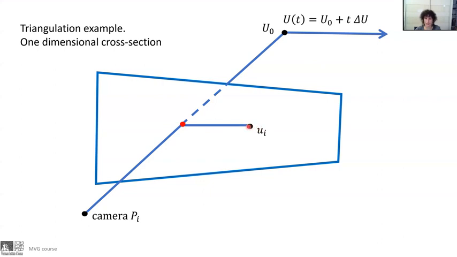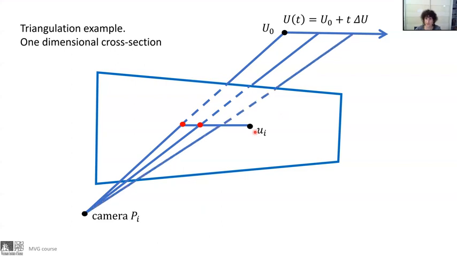I measure this distance, what we call the reprojection error, for some value of t, and then for another value of t. I'm moving with t, and I measure this distance again and again, until I reach the exact solution.